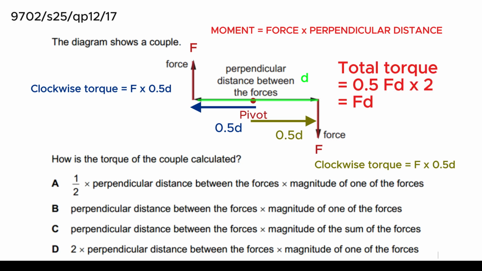As both torques cause a clockwise rotation, the total torque of the couple is the sum of the two torques, which is 0.5Fd times 2, which is Fd. The total torque matches option B: perpendicular distance between the forces times magnitude of one of the forces.